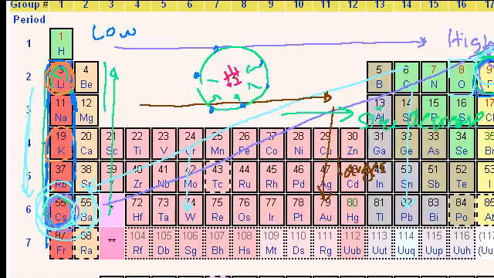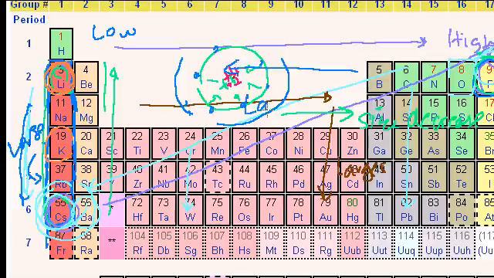So the general trend with size, and then you say, okay, but what about when you go to the next period? You're getting more protons there. Won't that decrease? You are, but at the same time, you're now adding the electrons in a new shell that's further from them, so it gets larger when you get to the new period. So atomic size, as you go down, gets larger, and as you go to the left, you get larger.